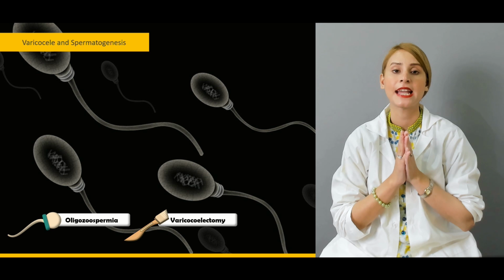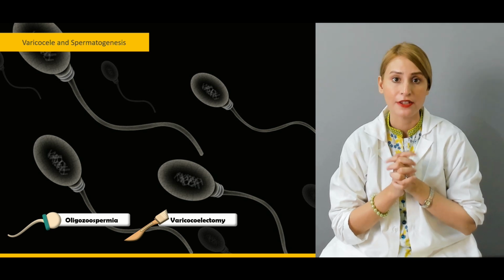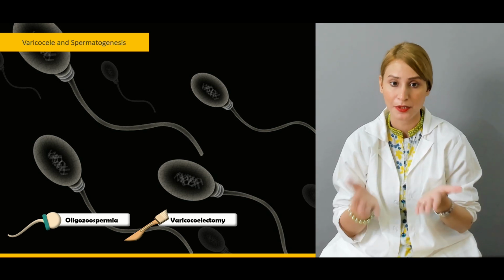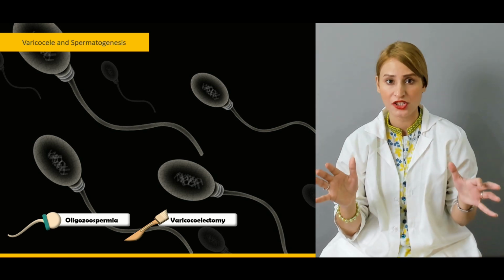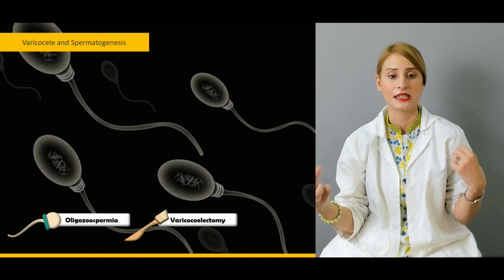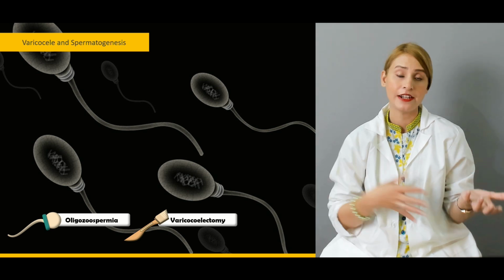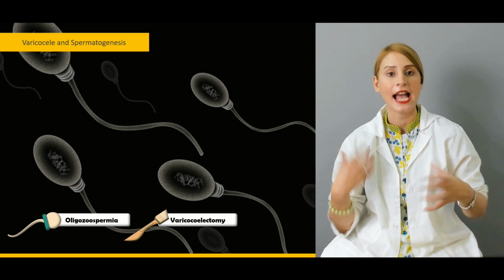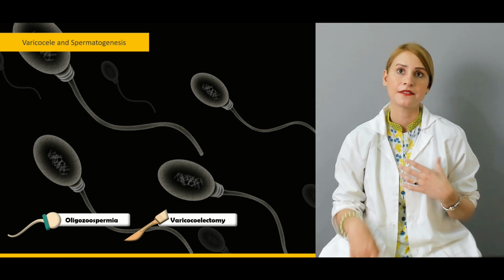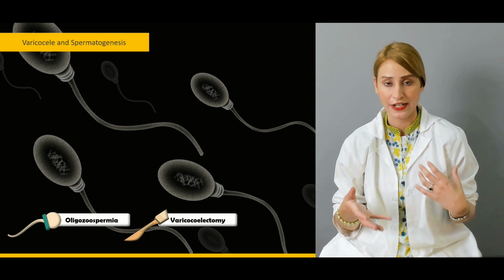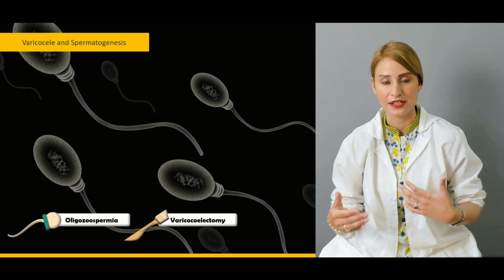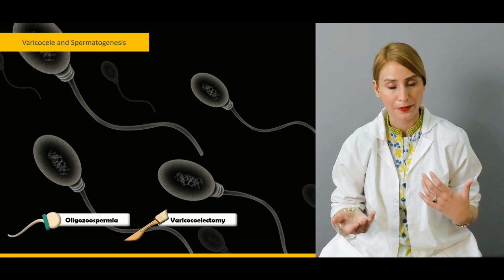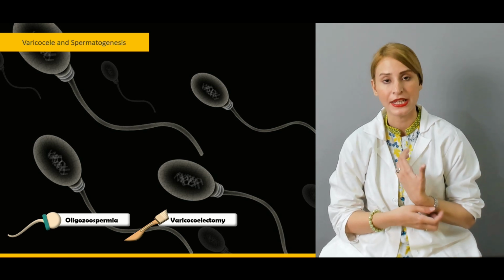Another important thing we need to discuss here is the process of spermatogenesis. Sometimes we do not actually know the reason behind varicocele affecting spermatogenesis, but there is evidence that if a varicocele is present in an adult, it can affect the process of spermatogenesis, and the patient will present to you with oligospermia.